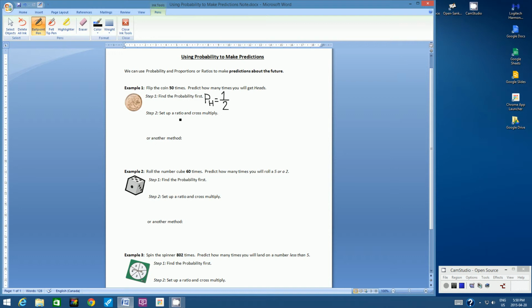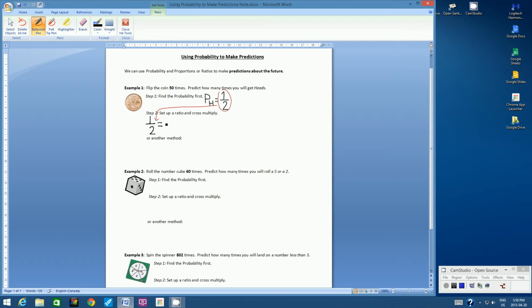So step 2, set up a ratio and cross multiply. So what we're going to do is use this probability as the first fraction in our ratio. So I'm going to set it up over here. Our first fraction is 1/2. That's the probability. And we're going to make it equal to another fraction.